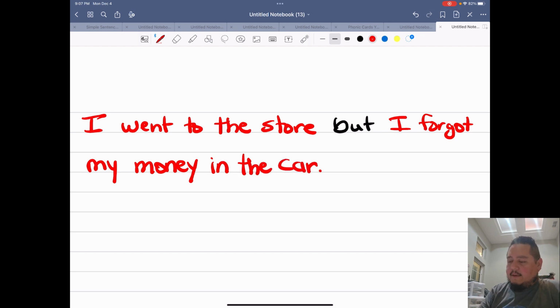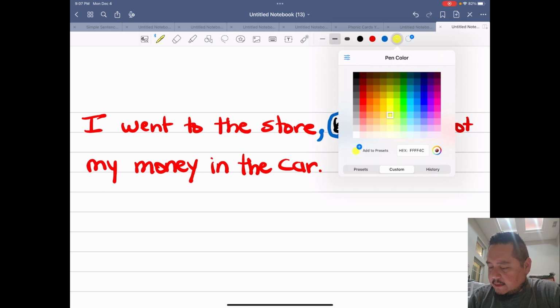We have placed the period, and now we have a compound sentence. Now we have to place a comma. Where does the comma go? Right before the conjunction.